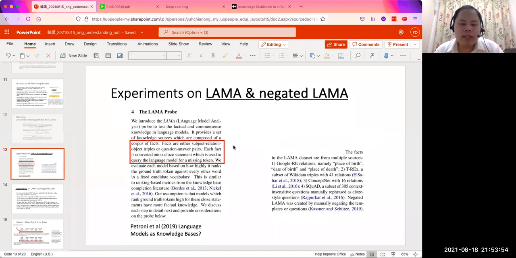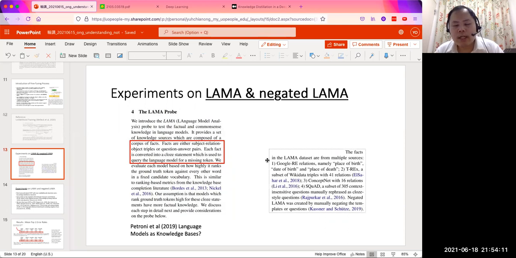So what is LAMA and negated LAMA? LAMA is language model analysis. Basically, it's comprising facts that are either subject relation object triples or question answer pairs. And they are then converted into a closed statement used to query the language model for a missing token.